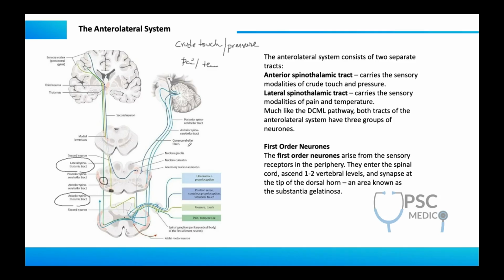So the same thing is depicted here. Pressure and deep touch are carried in the dorsal column, sorry, they're a part of the dorsal system, but in the medulla oblongata they lie a bit anteriorly, and through that they enter the medial lemniscus in the brainstem, medulla oblongata, and reach the thalamus.